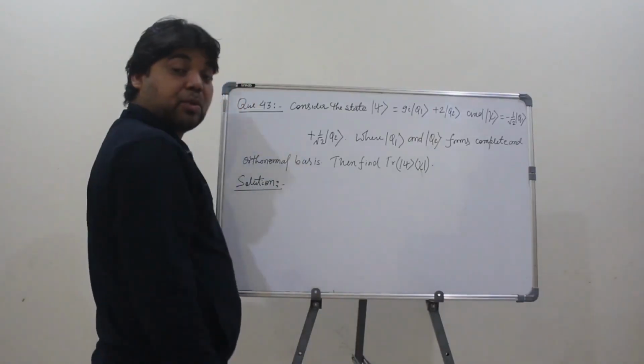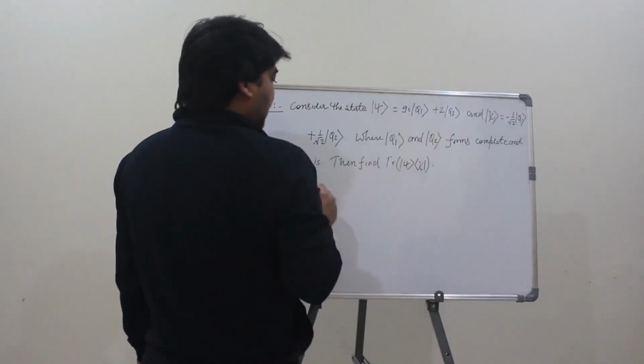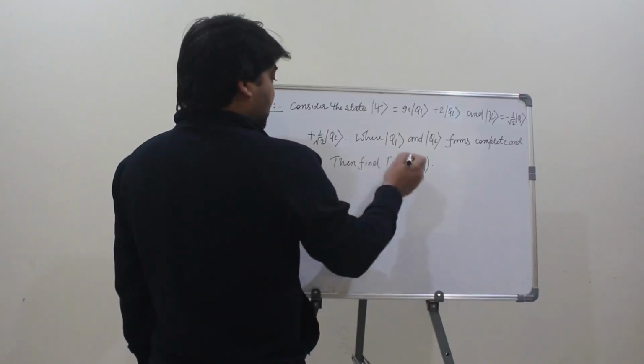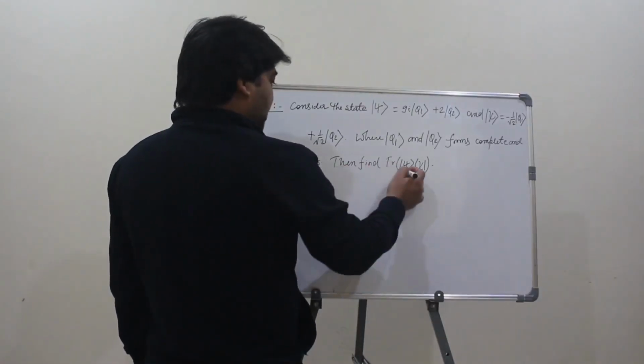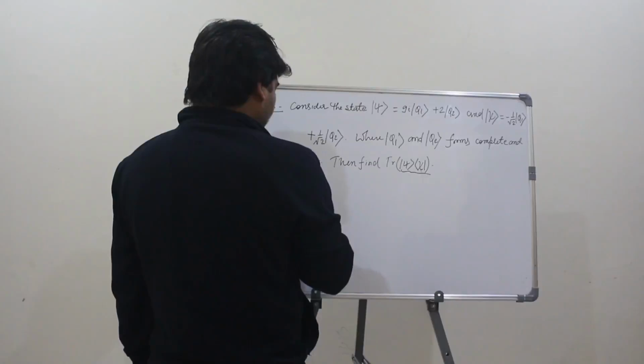The outer product gives you an operator. First let us try to find psi and chi.